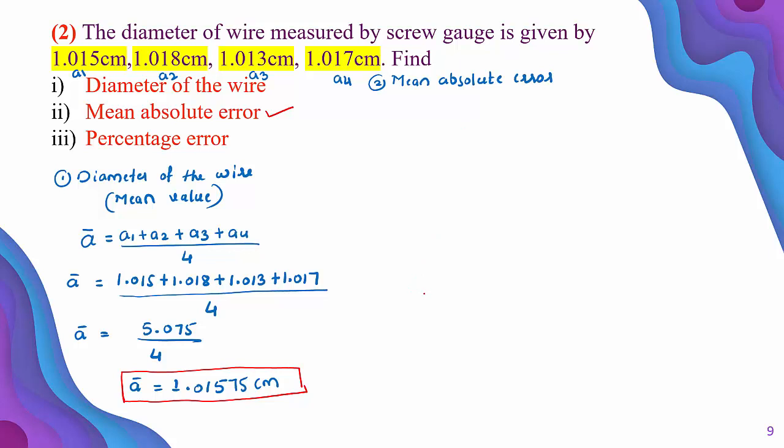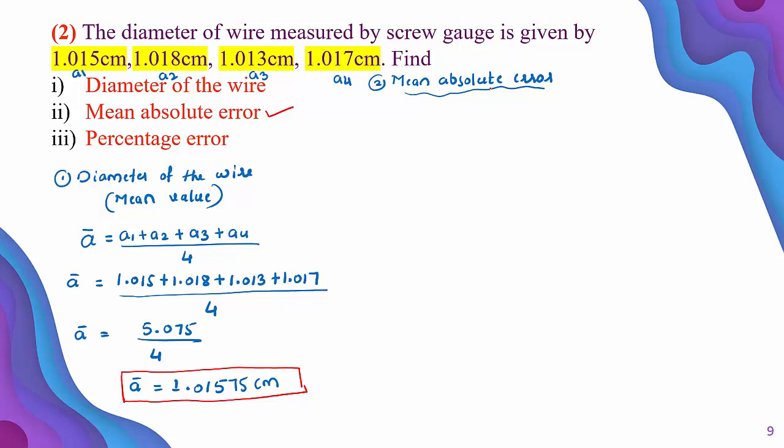Remember, when you are going to find mean absolute error, first we have to know the absolute error, delta A. If you know the delta A value, then only we can calculate delta A bar, its mean value. Without knowing absolute error, it is not possible to find mean absolute error.